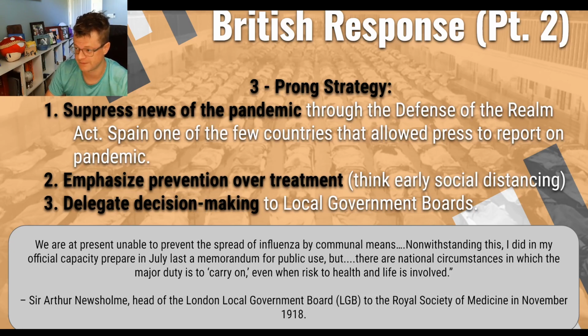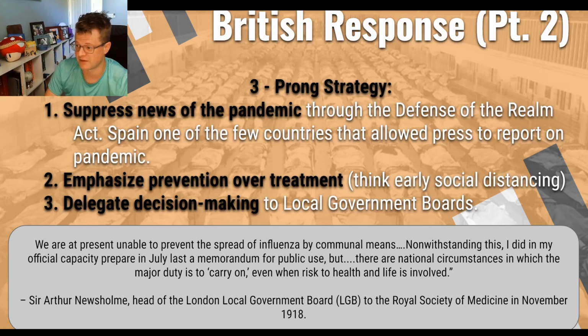health is involved. So there were several people, when the pandemic broke out, who were just like, well, we can't shut things down. People just have to get sick and die, and that kind of sentiment would have been very much echoed by the British back in 1918.